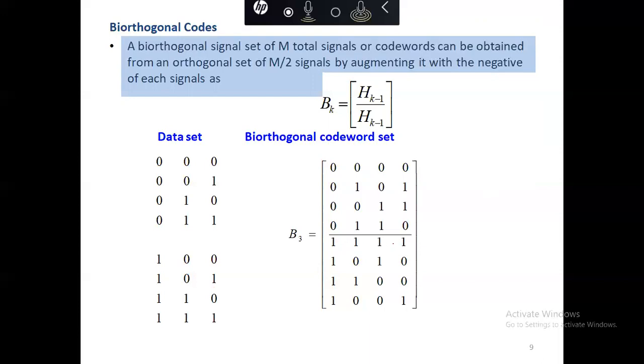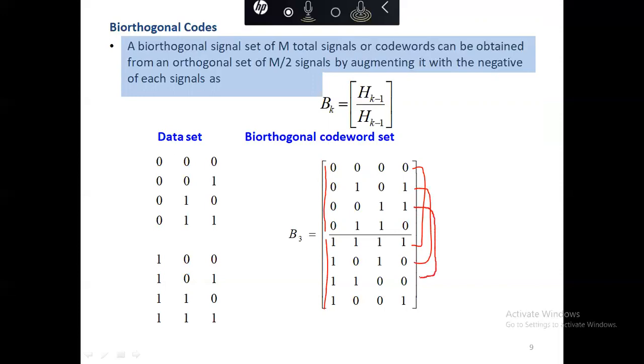You can say that we have this sequence of 4 by 4 which is orthogonal, and the inverted sequence of this is also orthogonal. And if you see, these have the antipodal characteristics.